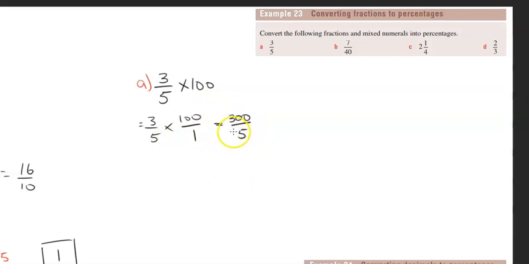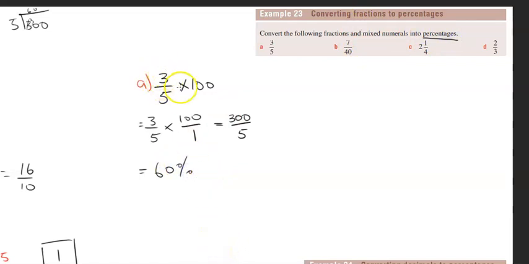So effectively what we're trying to find out is how many 5s go into 300. 5 into 3 we can't do. 5 into 30, 5, 10, 15, 20, 25, 30, is 6. And 5 into 0 is 0. So this is 60. Now remember, we're changing this into a percentage, so my final answer is 60%.